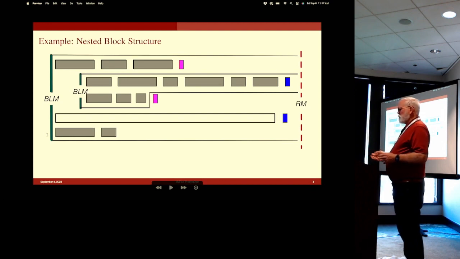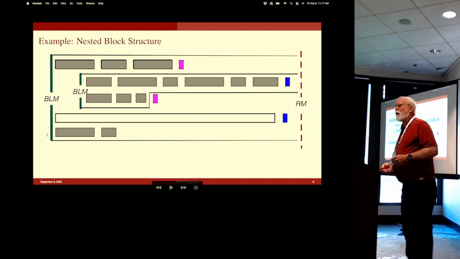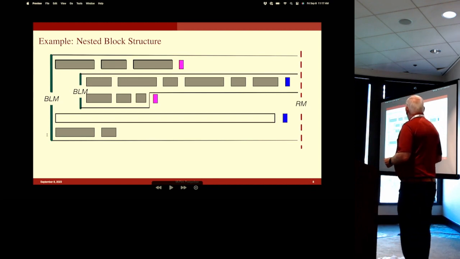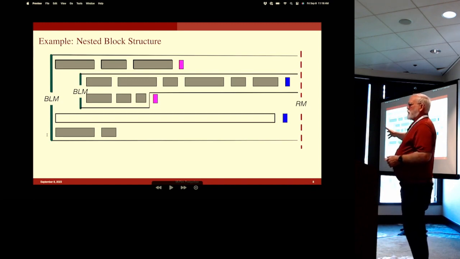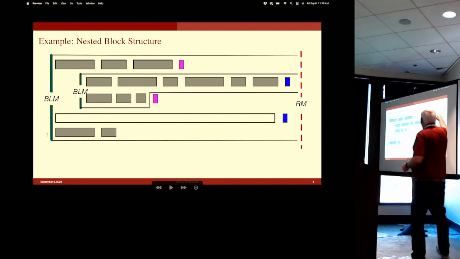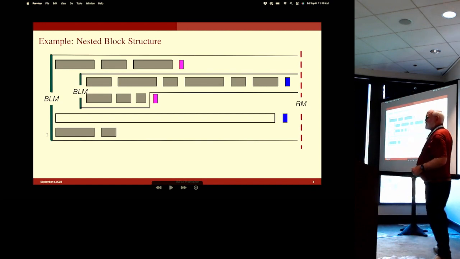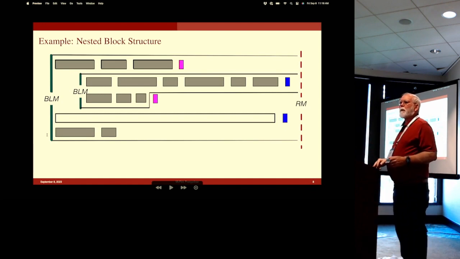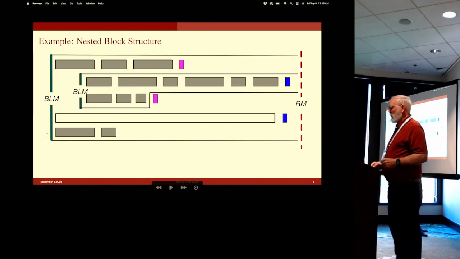The blue boxes are hard line breaks. Any block will have a left margin, which I call the block left margin. And overall, this RM is the right margin, and that's determined by the line length parameter that's driving the whole thing. The global parameter is the line length.